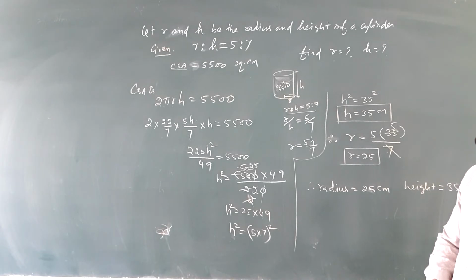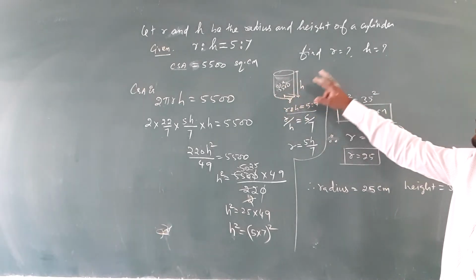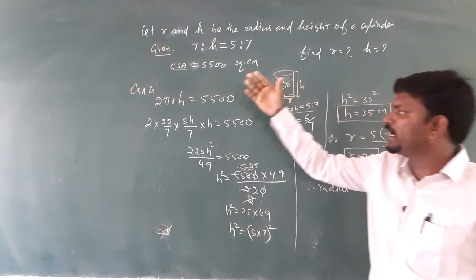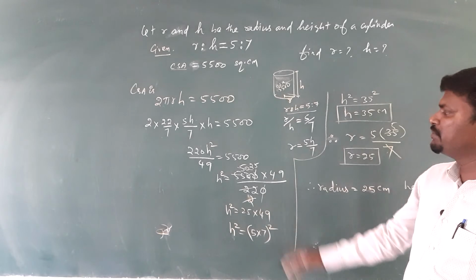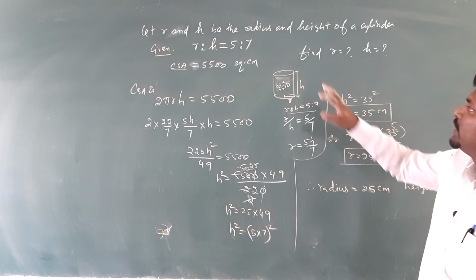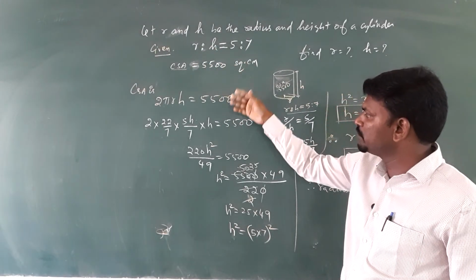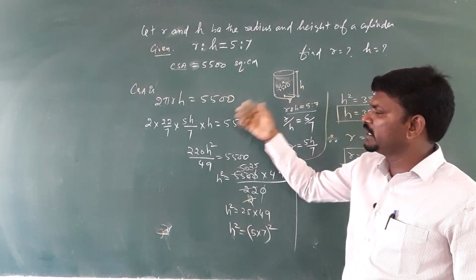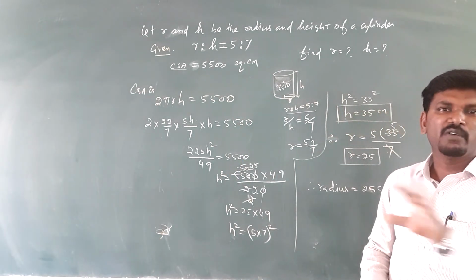Most of the questions will ask us to find H or R, so we have to apply the formula and simplify. In some 2 mark questions, they will give the radius and height directly, which is very simple. Whatever they ask, for CSA, just apply the formula.